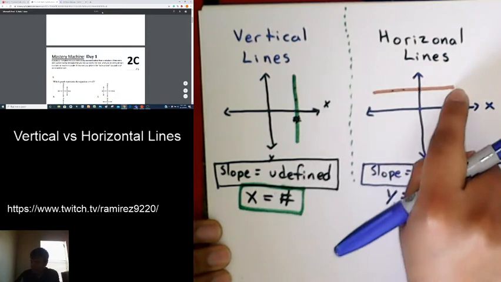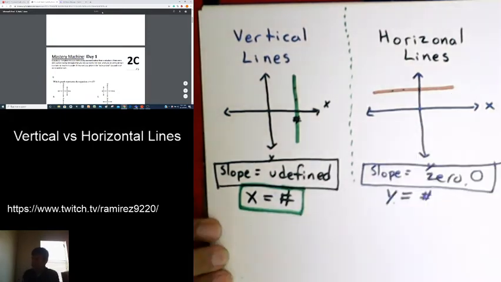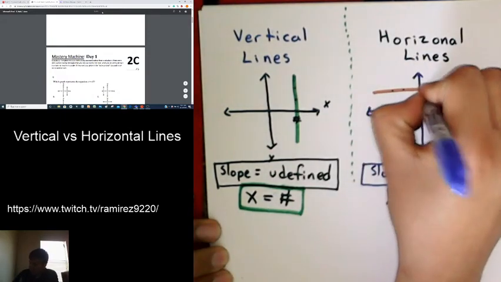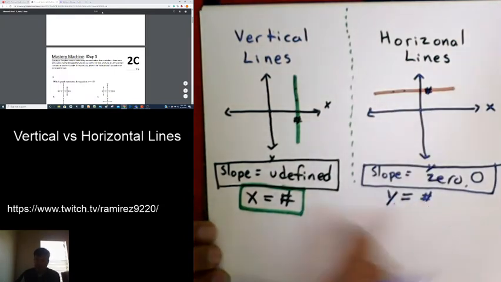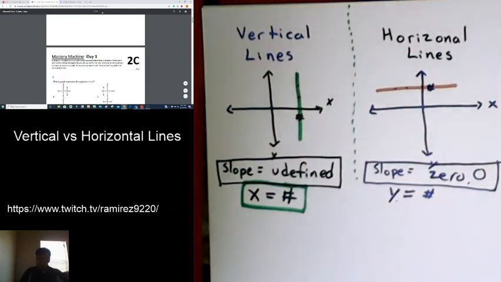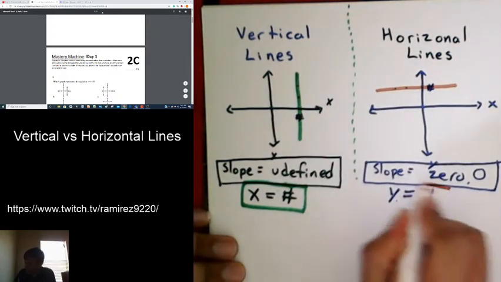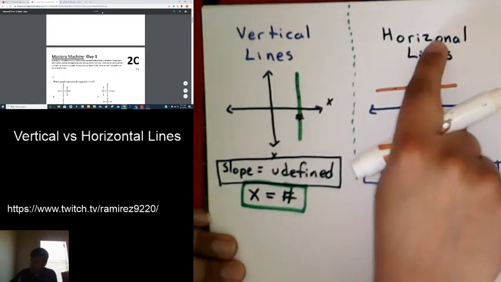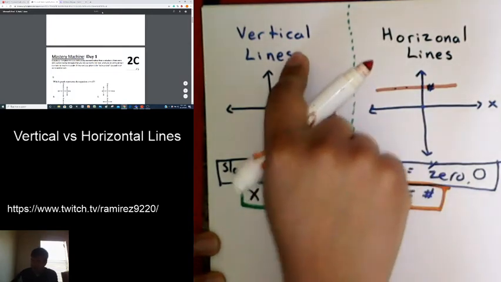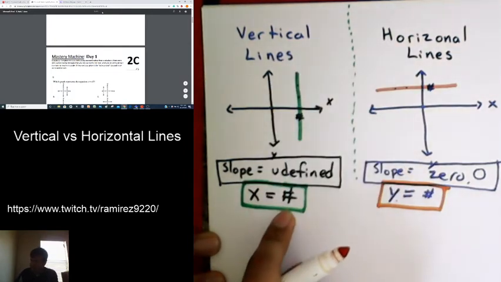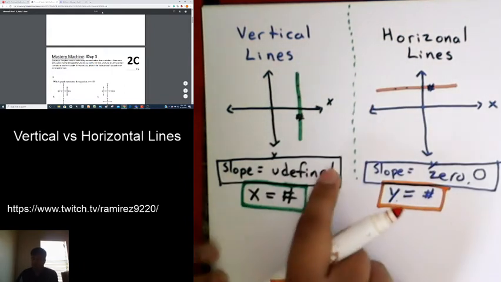As I go to the right, it becomes bigger. So again, I'm just going to put a random number here. If that was a 5, that would be a 5, and so forth. So just please remember that. Horizontal lines, y is equal to a number with a slope of 0. Vertical lines, x is equal to the number with an undefined slope.